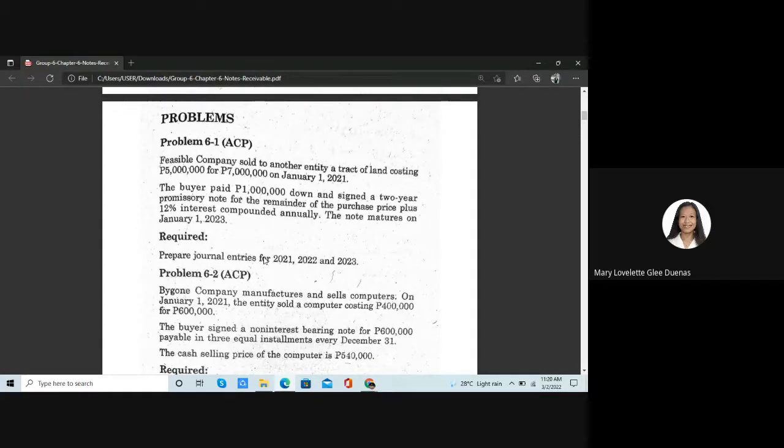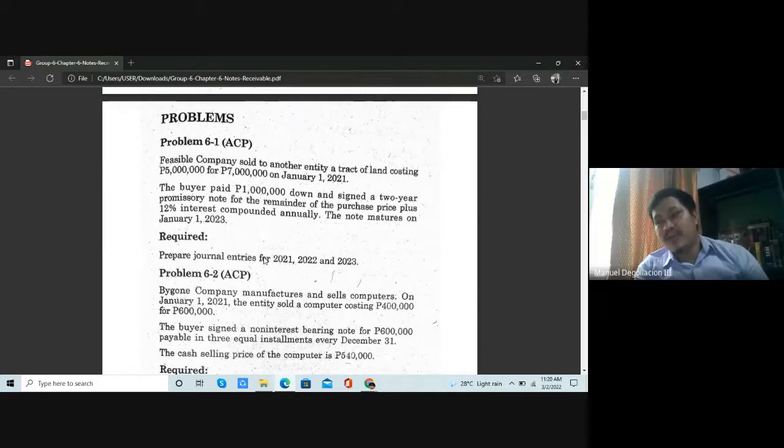Debit accrued interest receivable for 806,400, and then credit interest income for 806,400. Okay. And where did you get that amount this time?